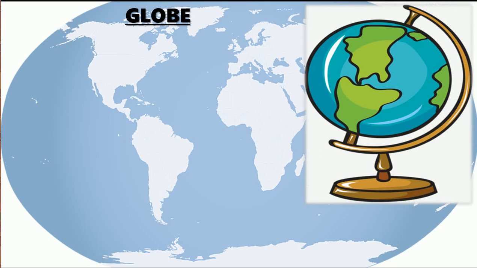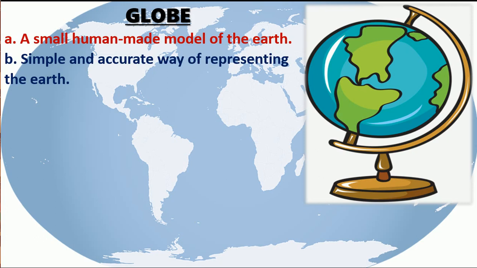This is the model of the earth, a human made model that helps us to view the entire earth, isn't it? This one is a simple human made model of the earth, which is a simple and accurate way of representing the earth.